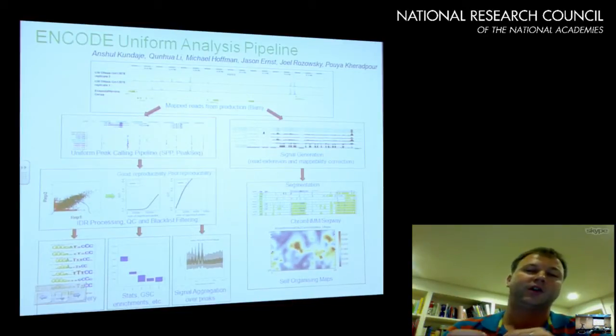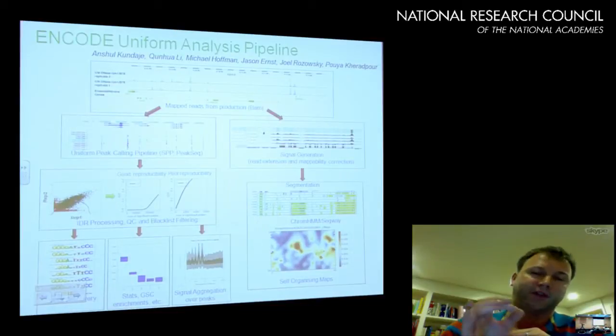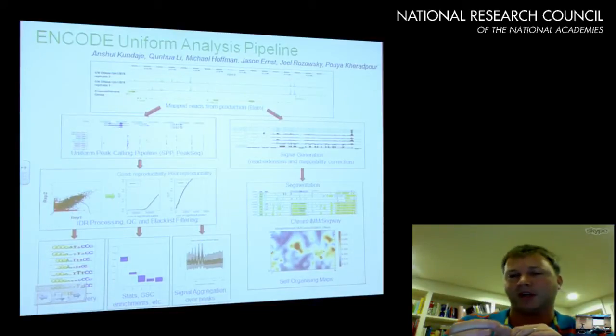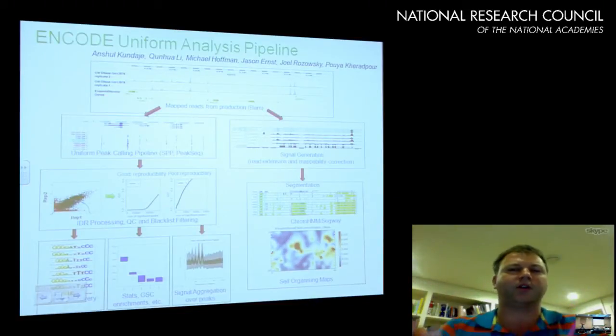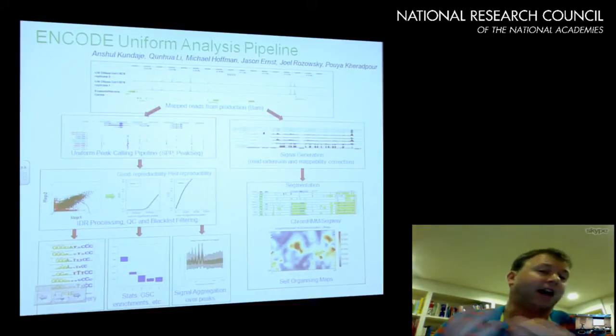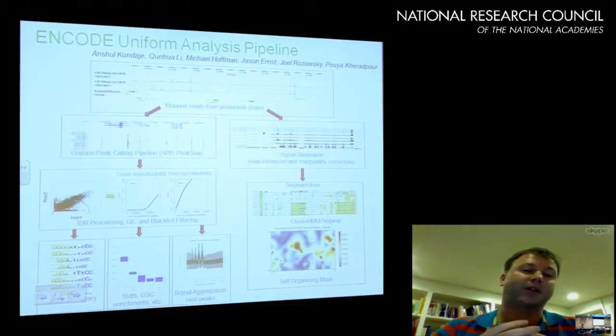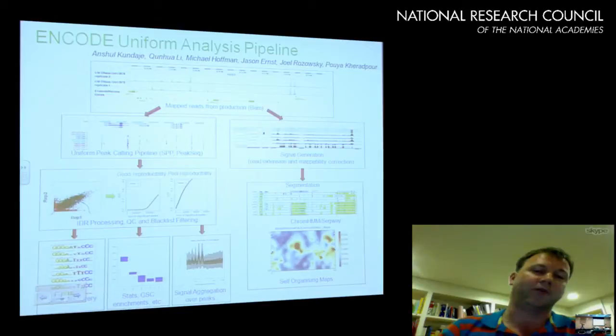You have to choose the right statistical tool with the right properties for the right task. Very often you have to customize quite carefully what you're doing. And so sometimes people ask me, what is the statistical framework that you use in ENCODE? And there isn't a statistical framework. There is a big collection of different frameworks and different tools.